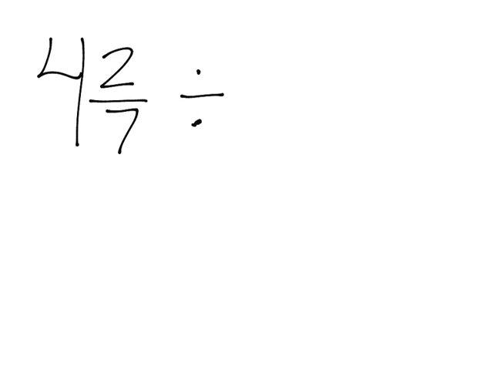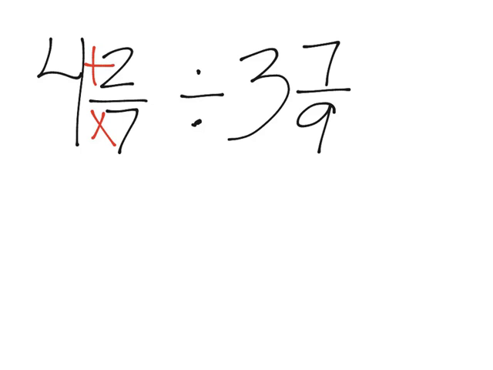All right, let's say we are dividing mixed numbers, and we have 4 and 2/7 divided by 3 and 7/9. Dividing a mixed number by a mixed number, before you start, you want to convert it to an improper fraction.